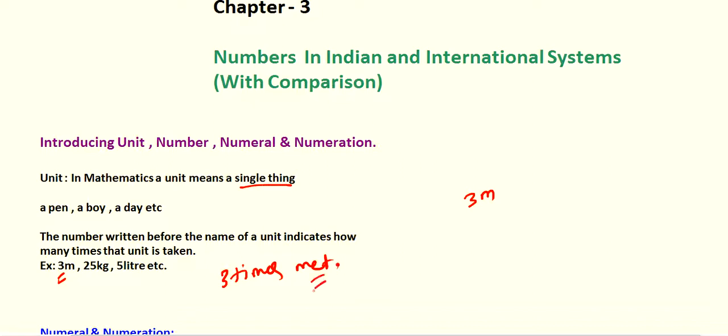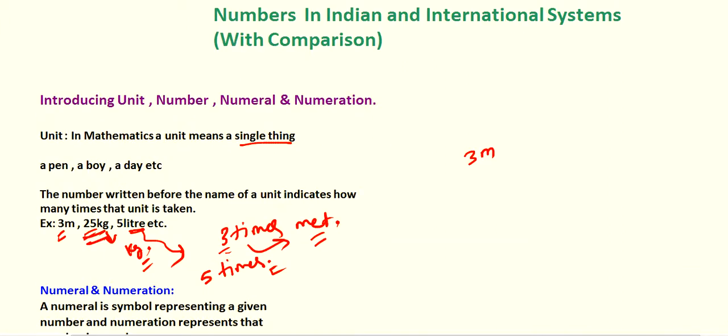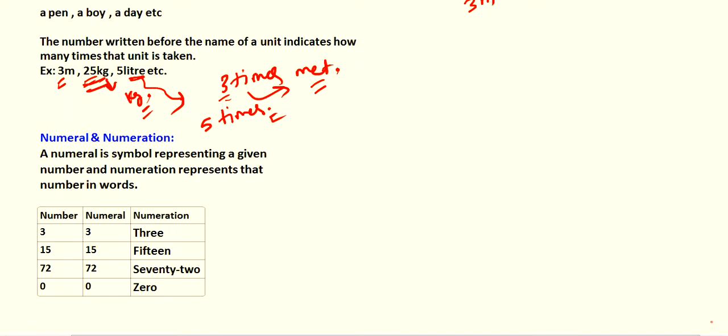Meter is the unit here and that is taken actually 3 times. 25 kg, kg is the unit here, that you will study in physics, and that is taken 25 times. 5 liter, liter is the unit here, and that is taken 5 times. Clear?